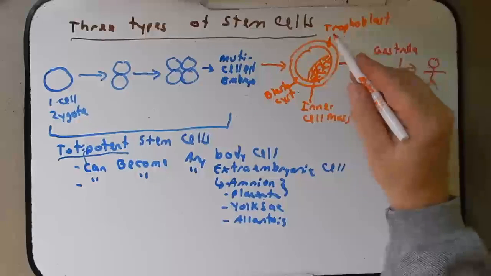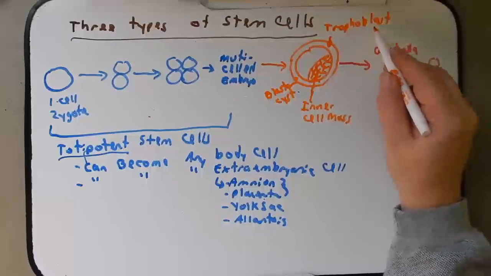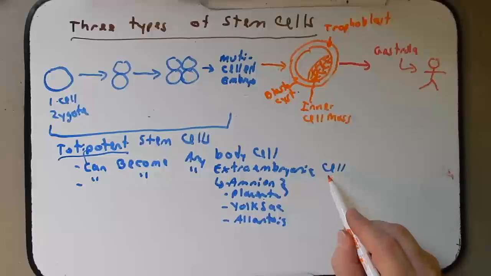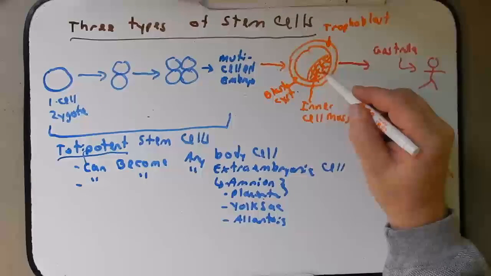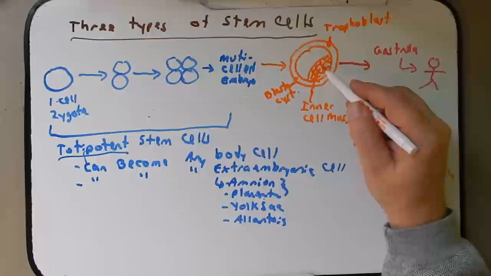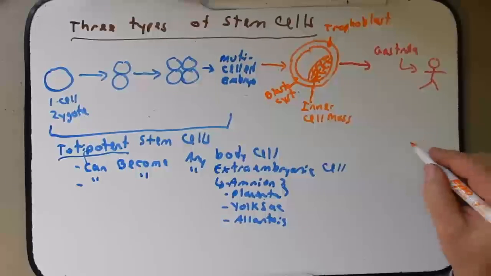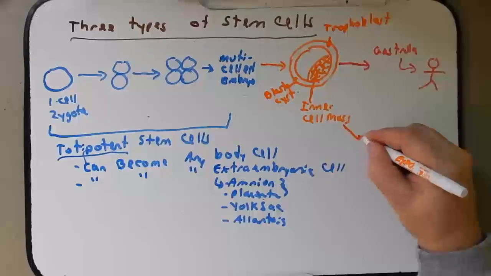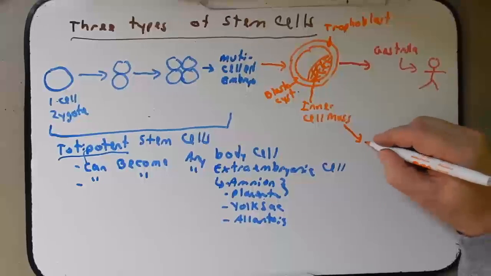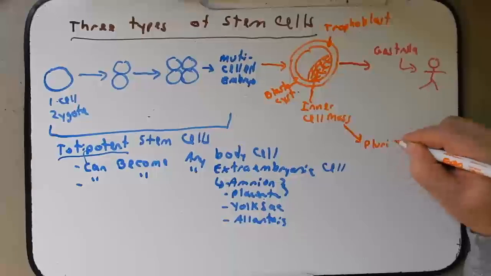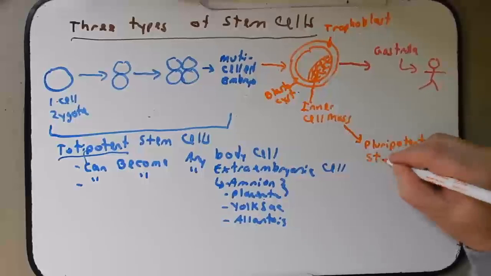I should also point out that these trophoblast cells, these are the ones that will become the extra embryonic cells, and the inner cell mass cells here have the potential to become any cell of the ultimate organism here. And so these inner cell mass cells are what we call pluripotent stem cells.